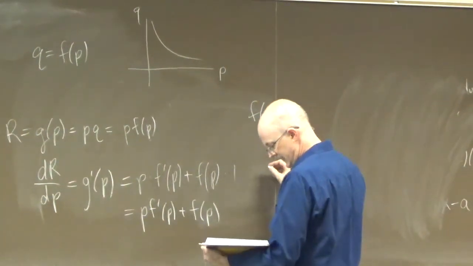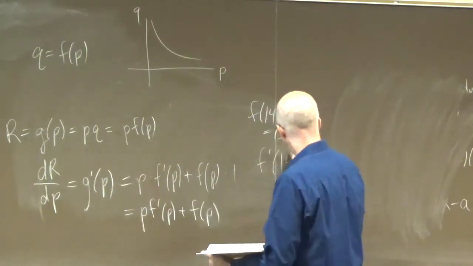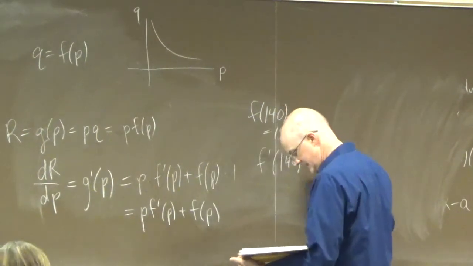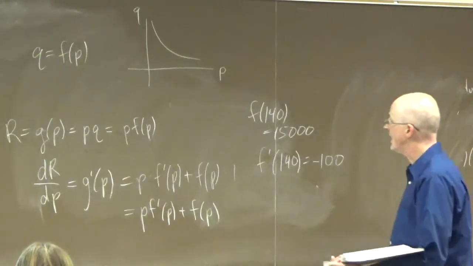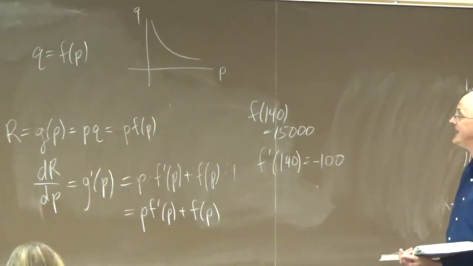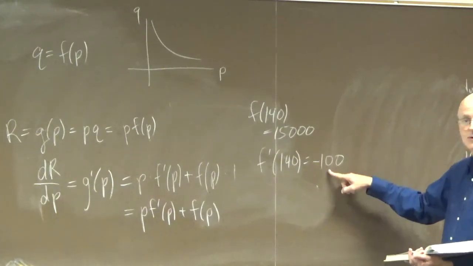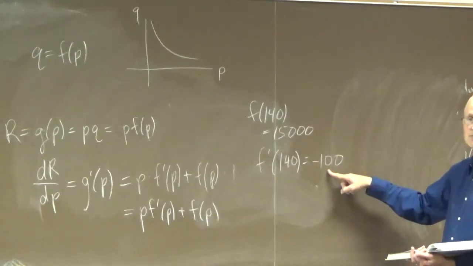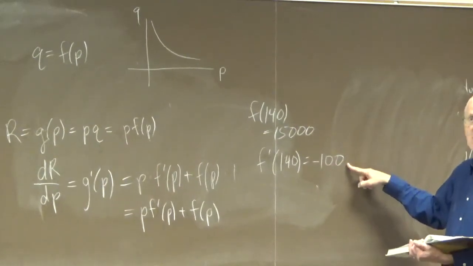And you're also told that f prime of 140 is negative 100. The rate of change of Q with respect to P is negative 100. For every extra dollar, you're going to sell about 100 fewer skateboards. This would be in skateboards sold per dollar charged.